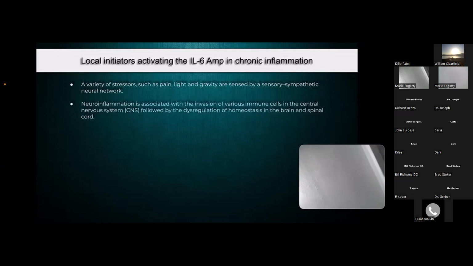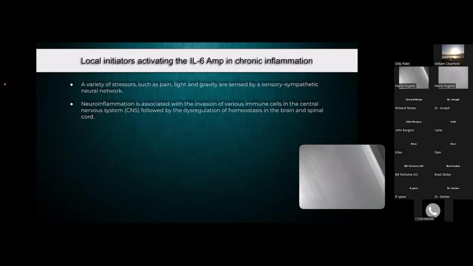Neuroinflammation is associated with the invasion of various immune cells in the central nervous system, followed by the dysregulation of homeostasis in the brain and spinal cord. Okay, so dysregulation of homeostasis. It's all about this homeostasis and dysregulation, that suddenly things are being let in.